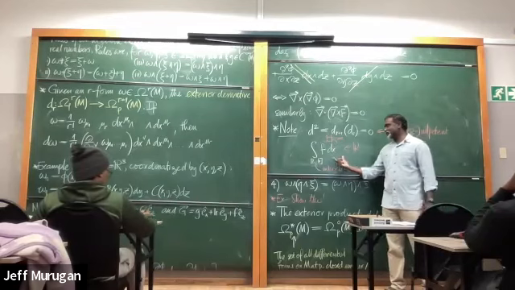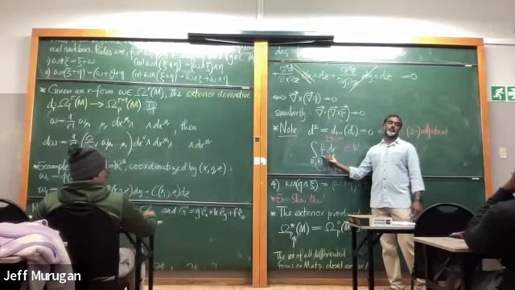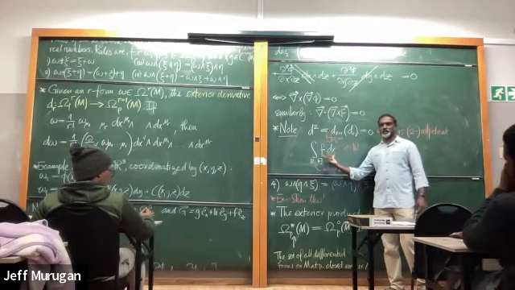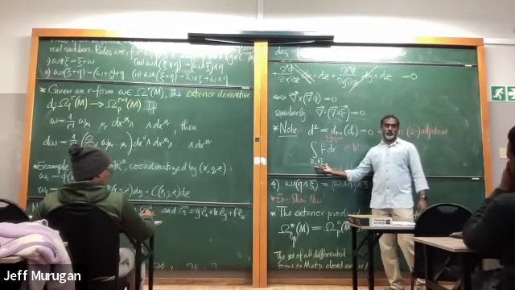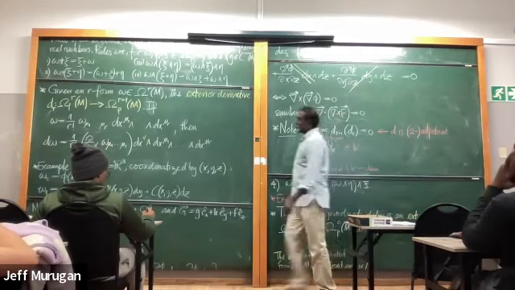So if you want to touch base with things you know from first year already, forms are things that you integrate, and chains are things that you integrate over. And they're dual to each other.